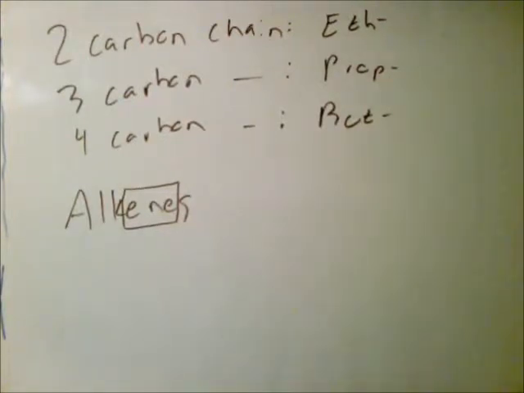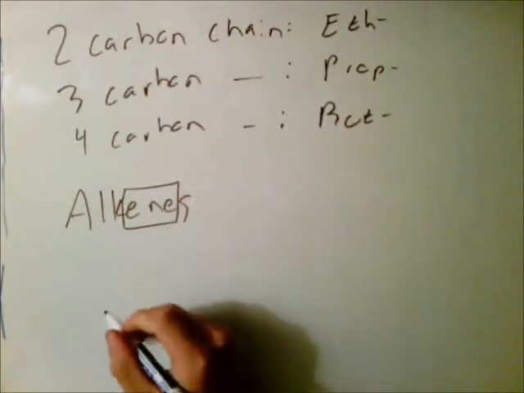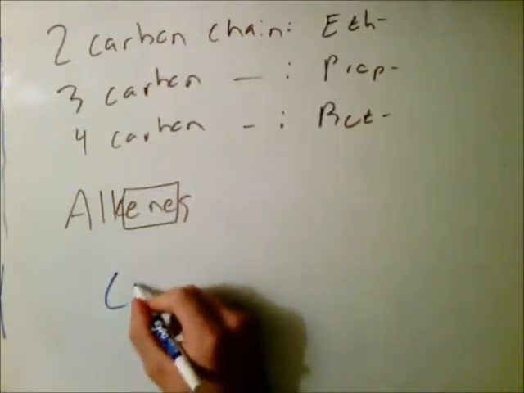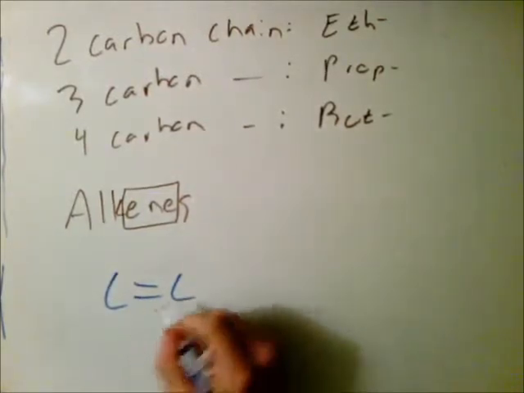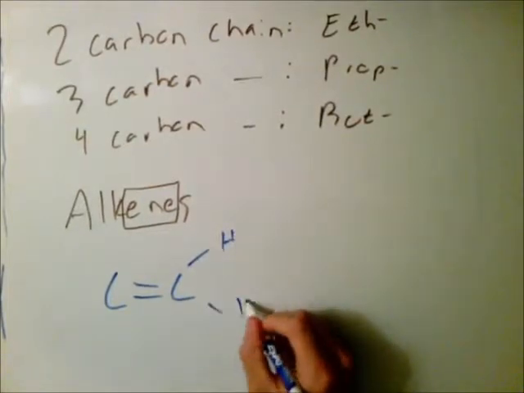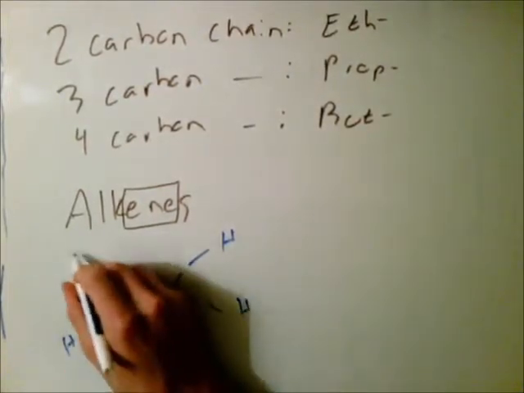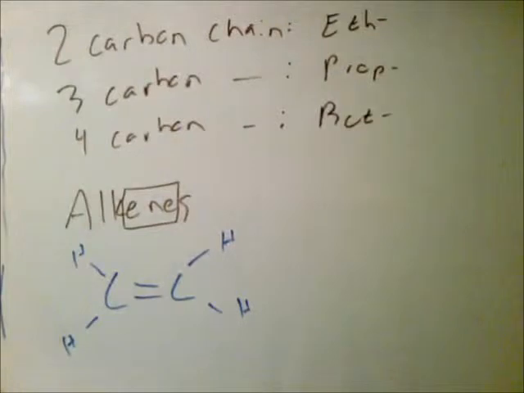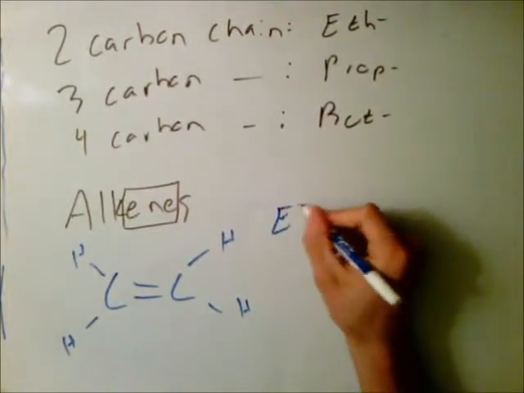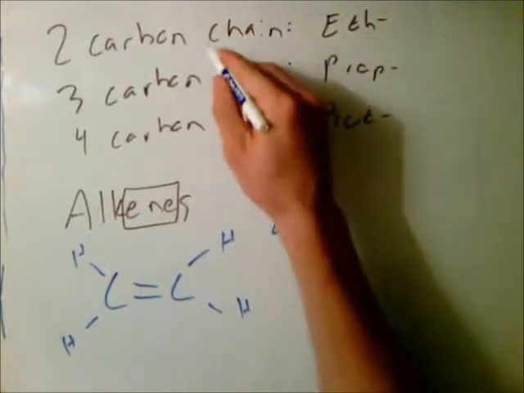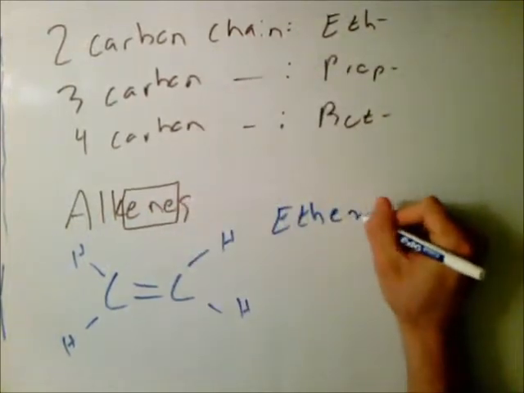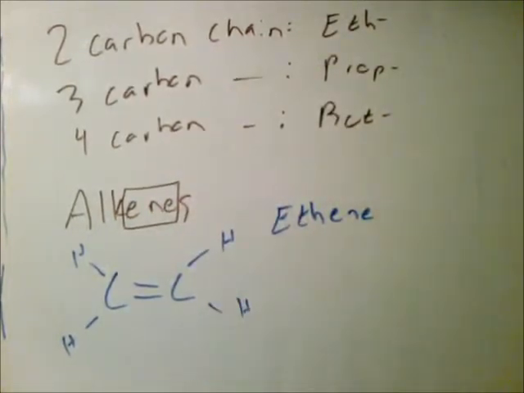So sticking with the two carbon chain parent name eth, we'll do two carbons double bonded, like that. So we'd have eth, and then we'd attach ene because there's a double bond there.